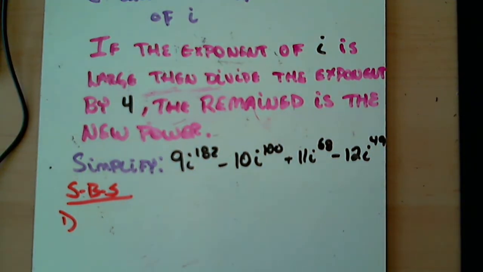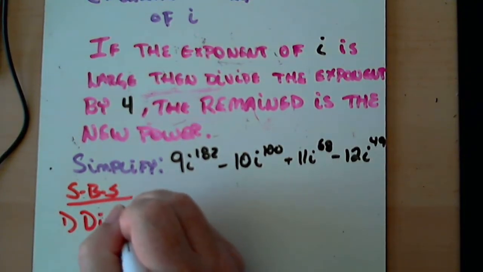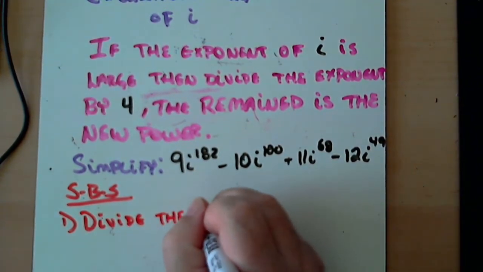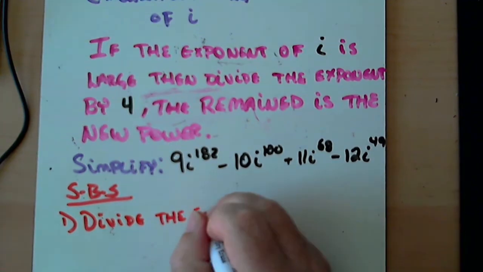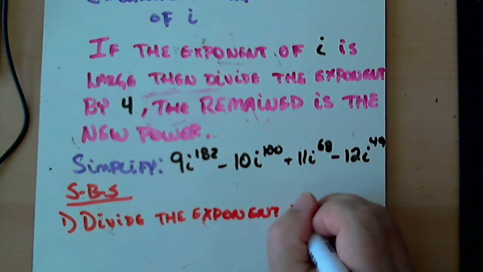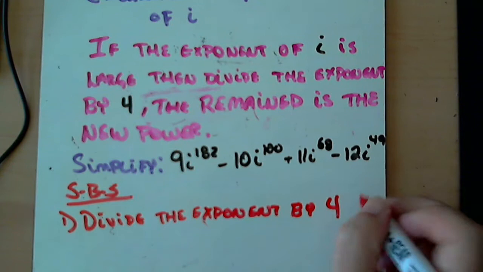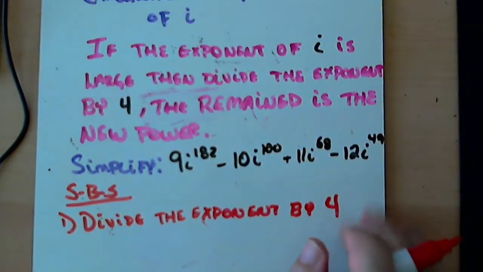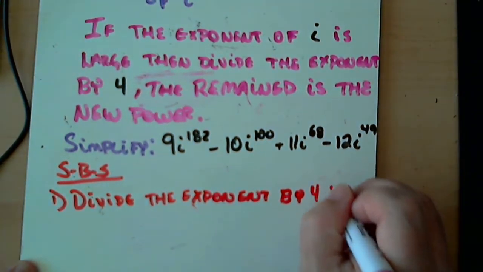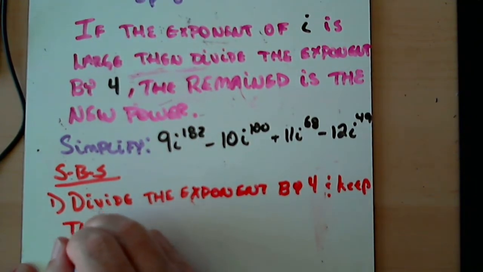All right, so the first thing we need to do, since we need to divide the exponent by 4, is keep the remainder.